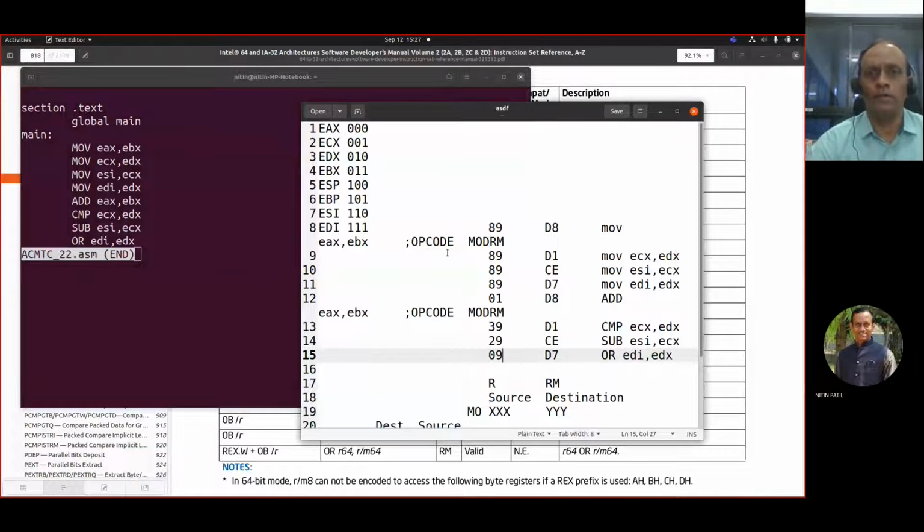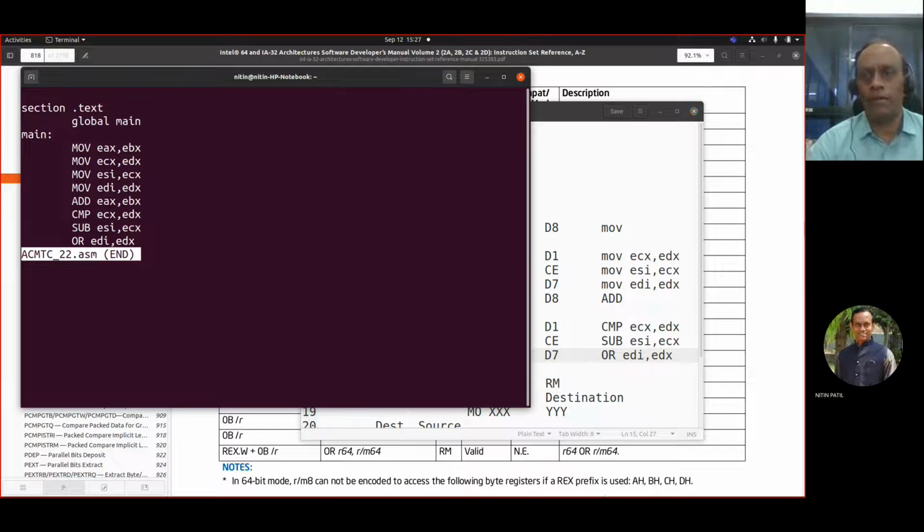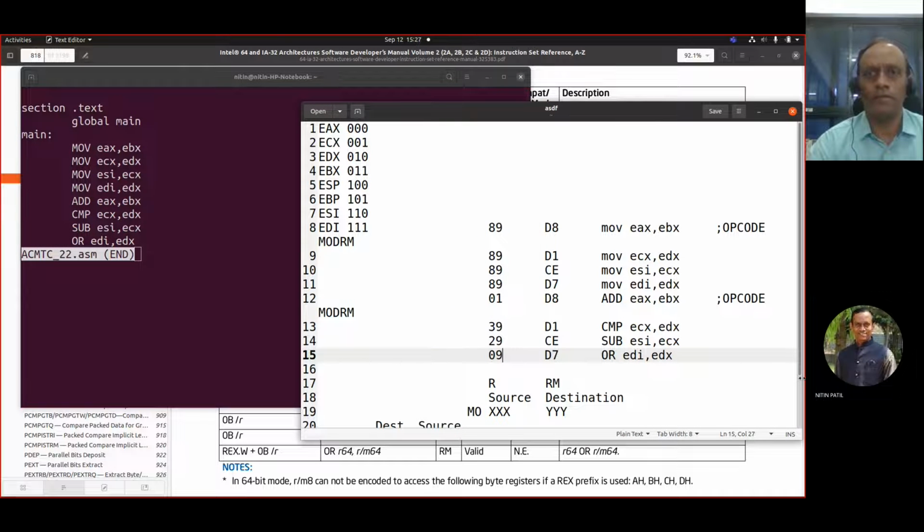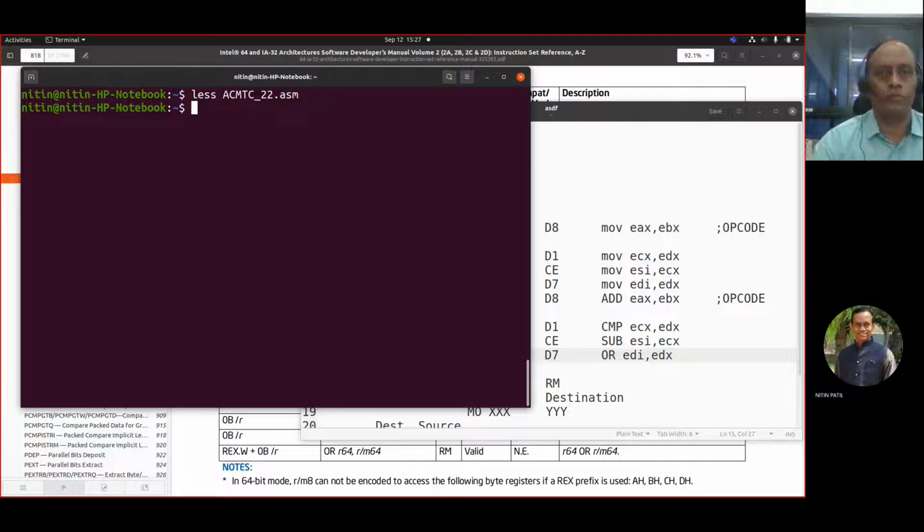If you see, this contains move EAX, EBX, move ECX, EDX, move ESI, ECX, then move EDI, EDX, then add, CMP, sub and OR. Fine. Now let us try to translate this. How do I translate it? It is like this.